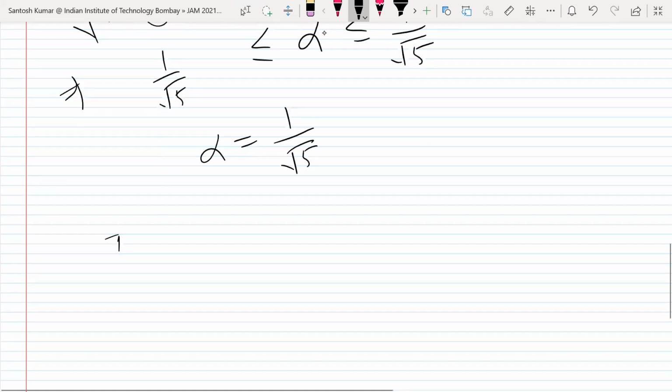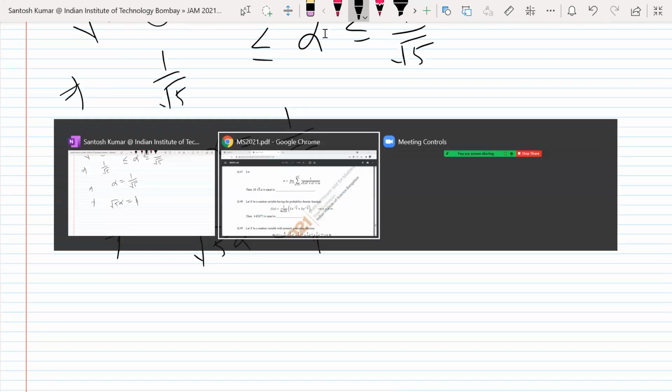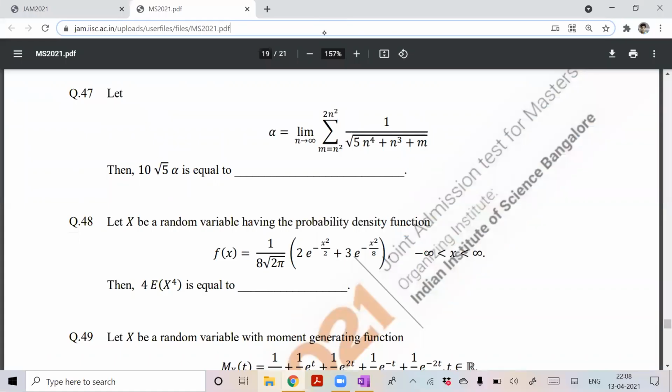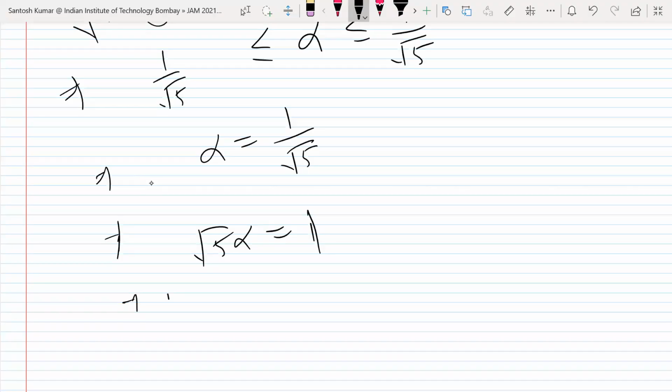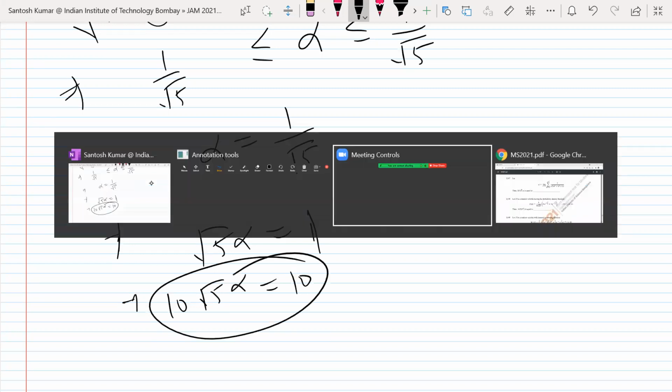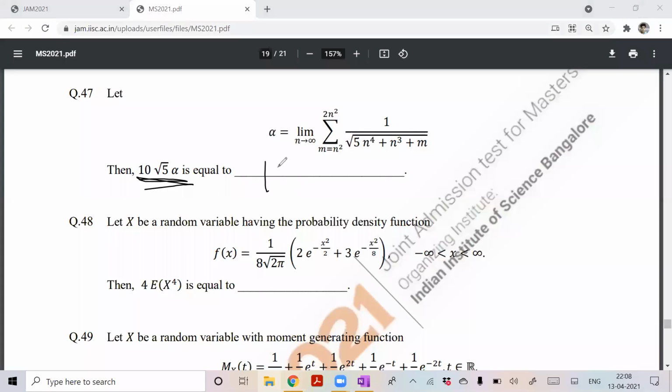So from here we get root 5 alpha is 1. But they asked us for 10 root 5 alpha. Multiply both sides by 10. The answer is 10 for this question.